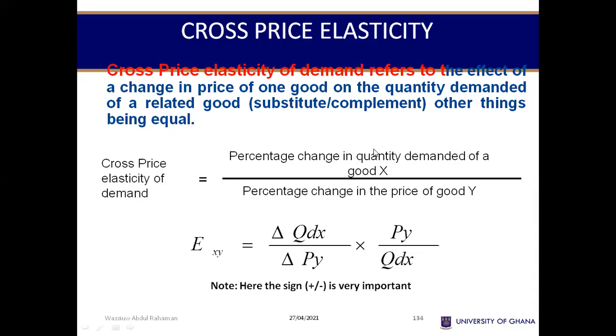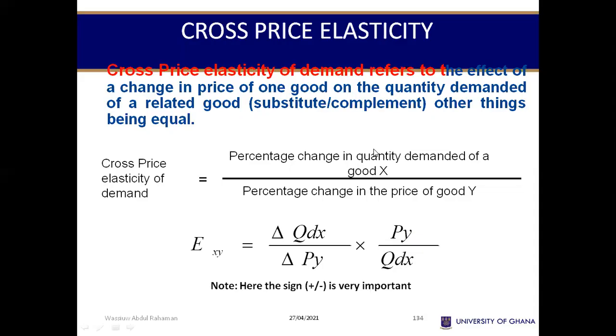What we did the last time we met was to look at the own price elasticity of demand. We know that that is a measure of how quantity demanded responds to a change in the price of the good itself, and is obtained by the formula percentage change in quantity demanded divided by the percentage change in the price of the commodity.